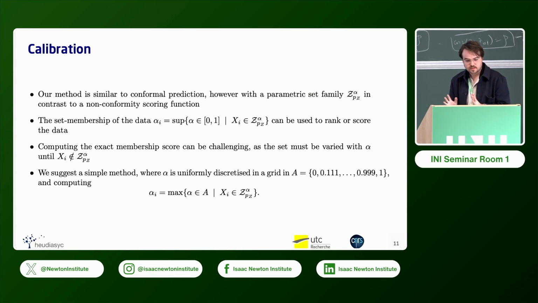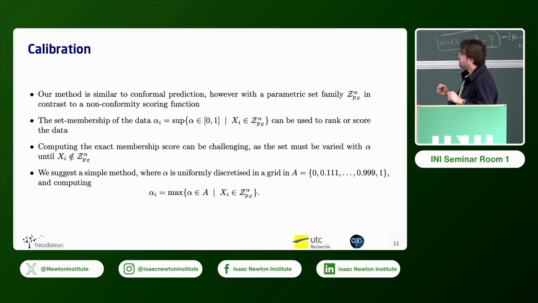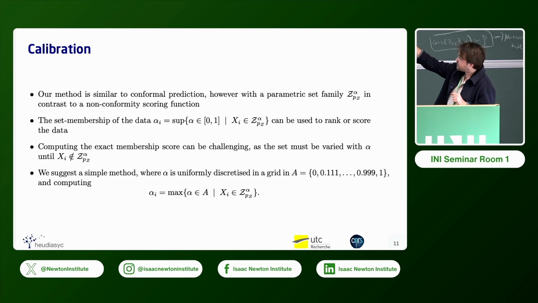So yeah, you're now able to fit these sets and get a point PZ, and now you need to calibrate. And we're going to use conformal prediction. So it's basically the same as conformal prediction, except we have a parametric family of sets, and you'd like to find the depth of the data in this family of sets.